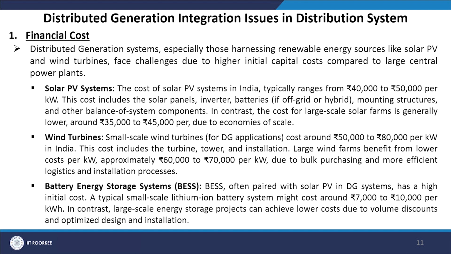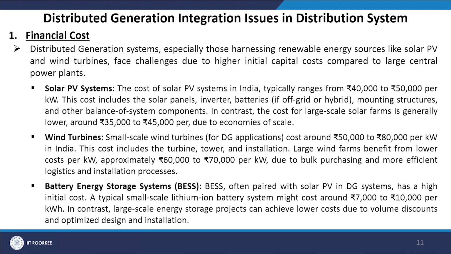Now, tentatively, if you analyze the cost of a solar PV system in India, it typically ranges from 40,000 rupees to 50,000 per kilowatt, which is quite high. This cost includes the solar panels, inverters, batteries, as well as off-grid or hybrid mode arrangements, mounting structures, and other balance of system components.